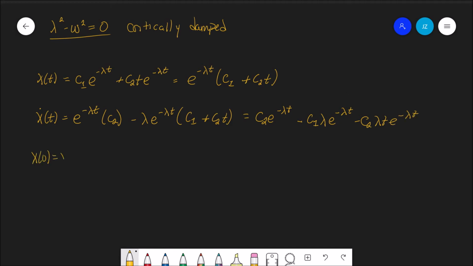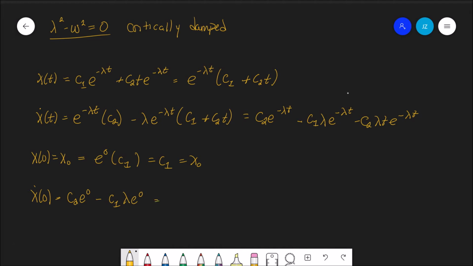X of 0 is x naught, so this equals e to the 0 times C1. So C1 is simply x naught. X dot of 0 is C2 e to the 0 minus C1 lambda e to the 0 minus 0.